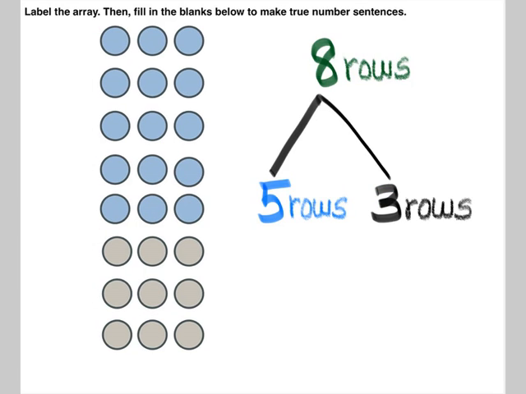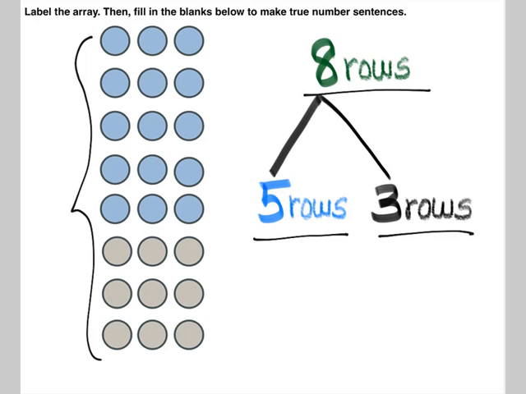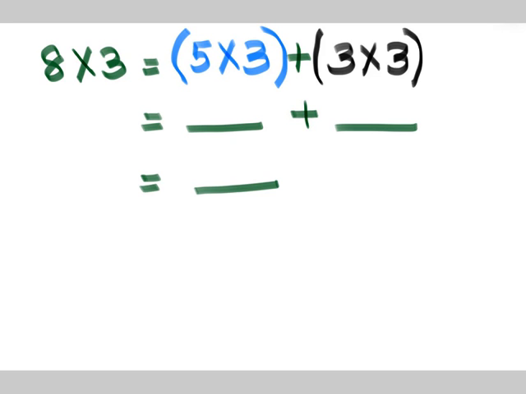So in distributive property, the 8 rows of 3 is separated into 5 rows of 3 and 3 rows of 3. So the 8 rows of 3, the total array, is separated into 5 rows of 3 and 3 rows of 3.